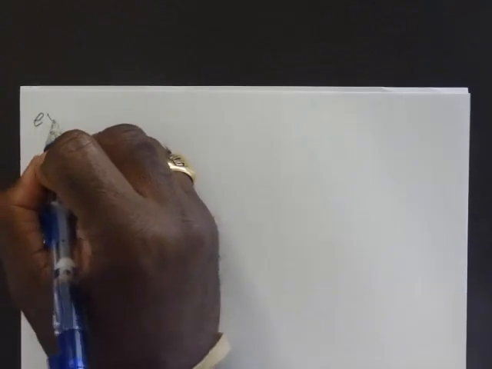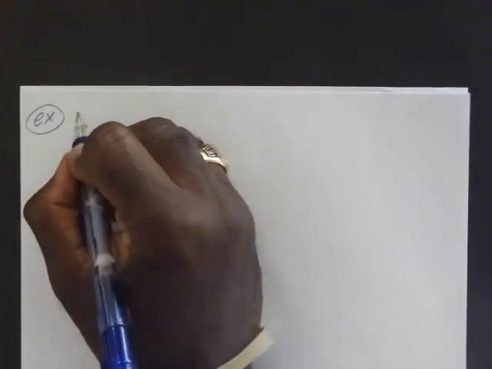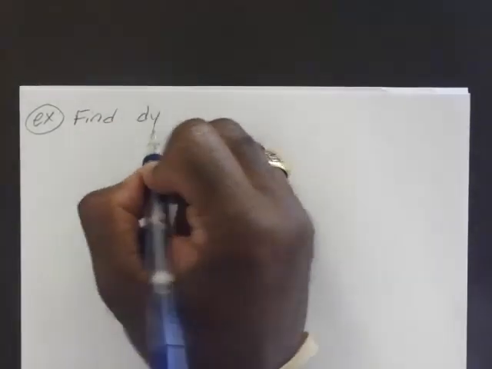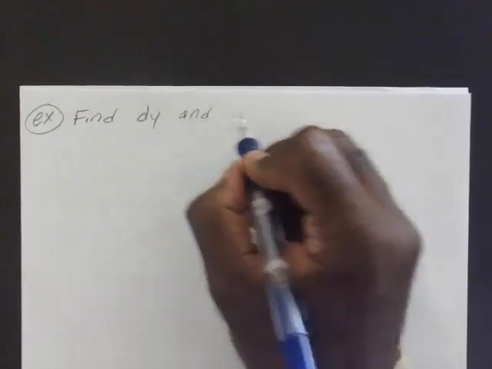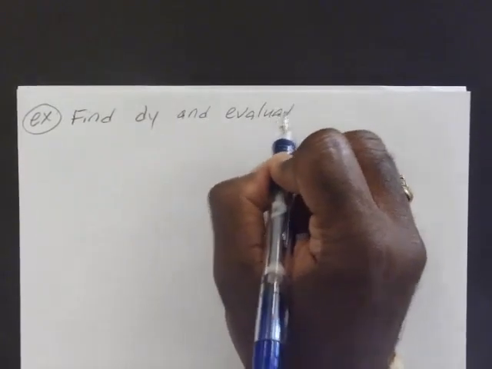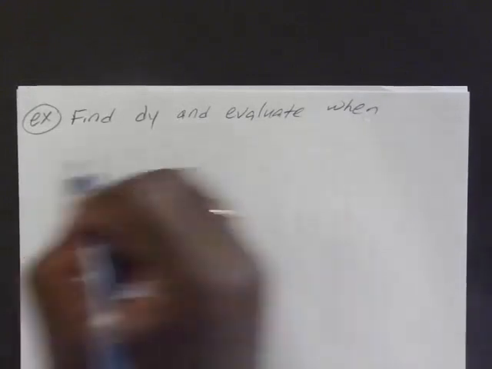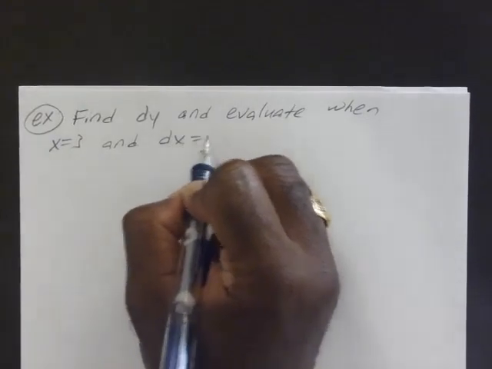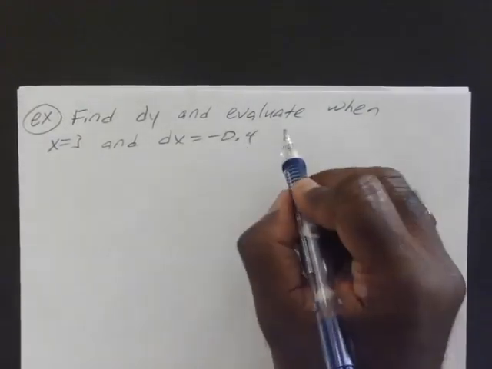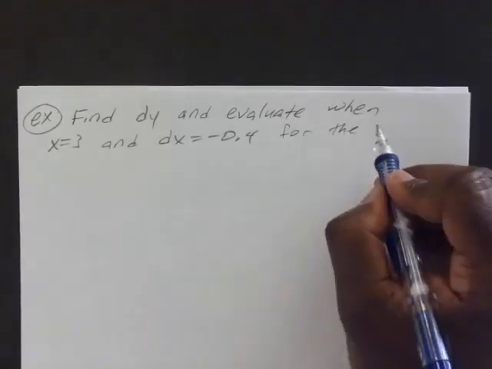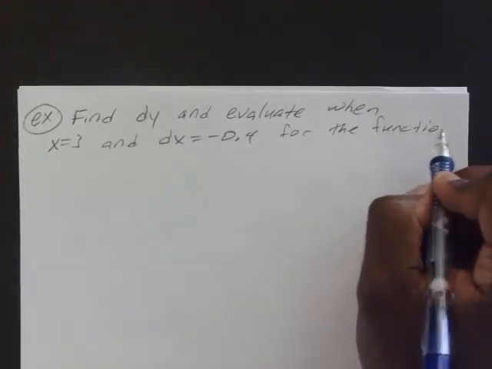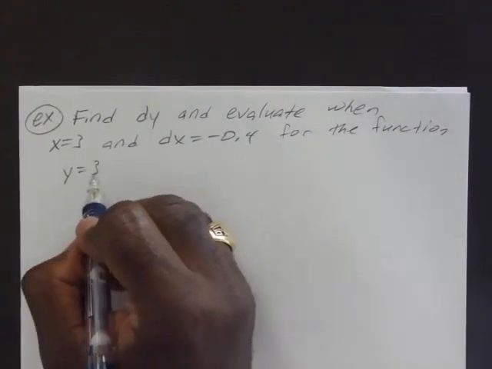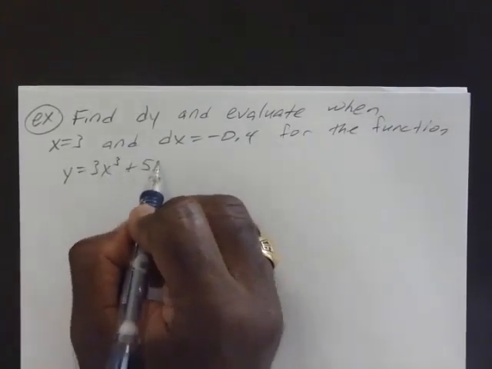Okay, so let's say, for example, we want to find your dy and evaluate it when x is equal to 3 and your dx is equal to negative 0.4 for the function y is equal to 3x to the third power plus 5x squared.